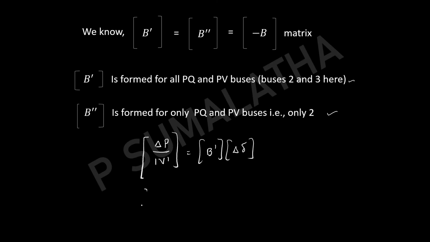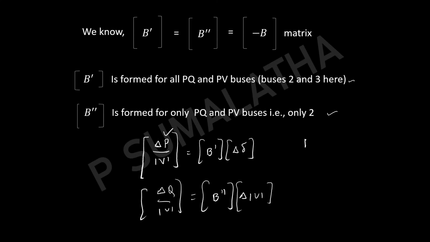The second equation is delta Q by mod V, which is equal to B double prime into delta mod V. So here if you see the left hand side, this B prime matrix is associated with the number of P's. Number of P's means in the PQ bus also we will have a P value, and in the PV bus also we will have a P value. So that is why this B prime dimension depends on both the buses.